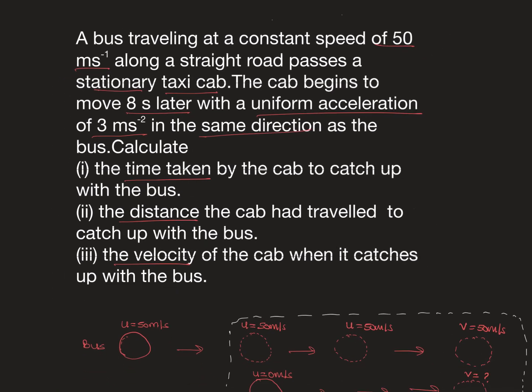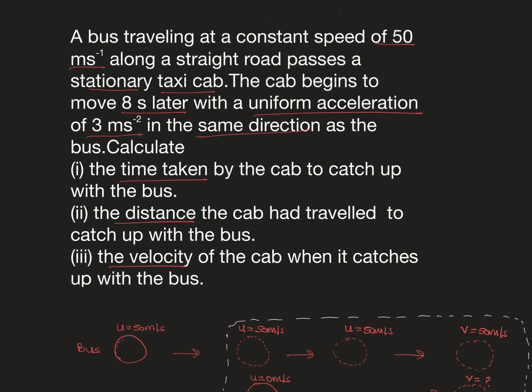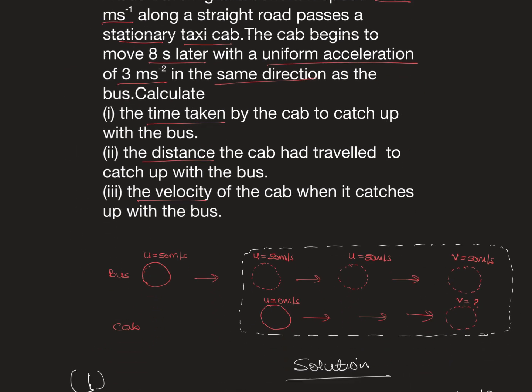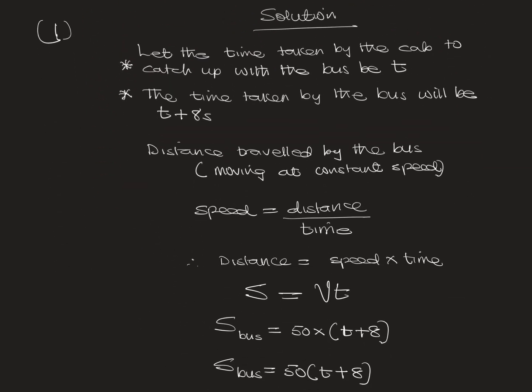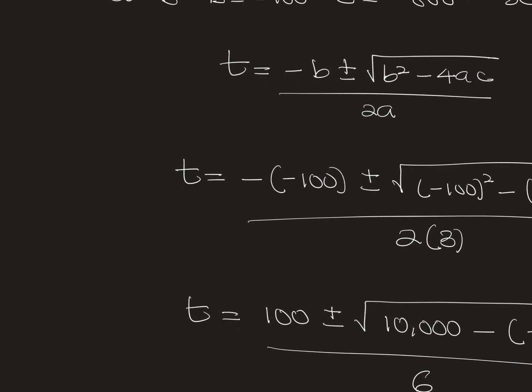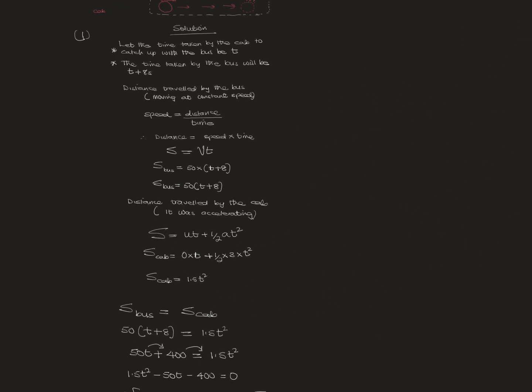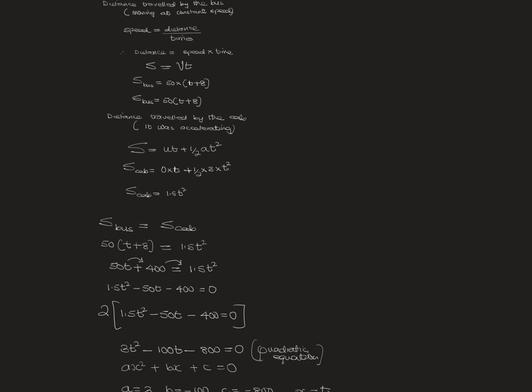Question 2 asks us to calculate the distance the cab had traveled to catch up with the bus. The distance traveled by the cab to catch up with the bus is 1.5 t squared, or we said that it's also going to be the same as the distance traveled by the bus.